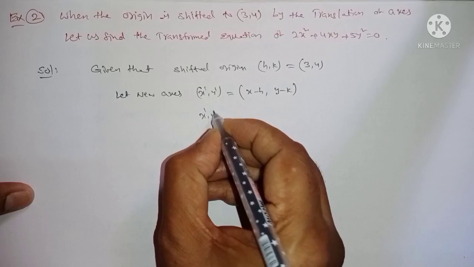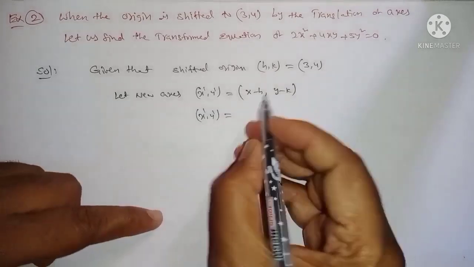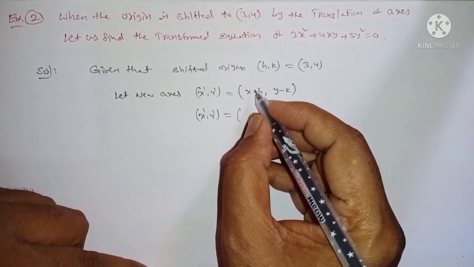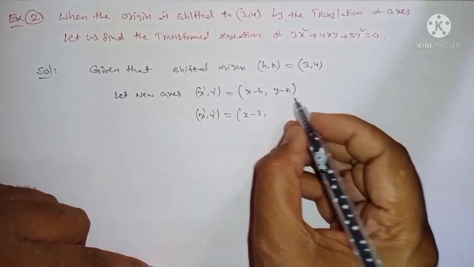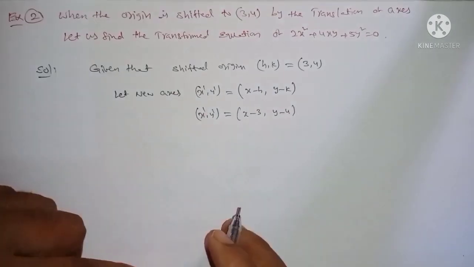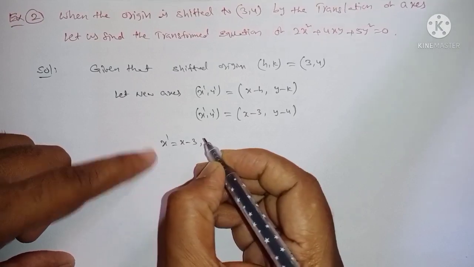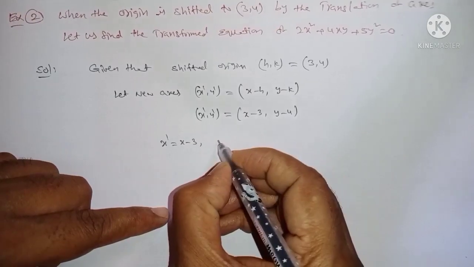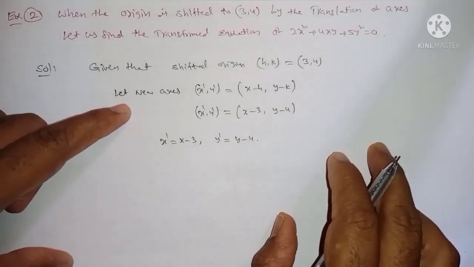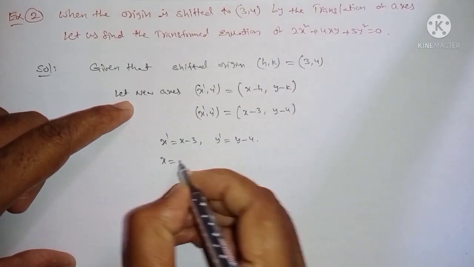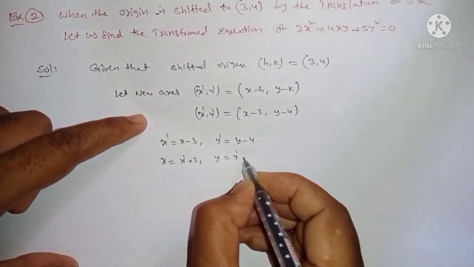Therefore, to find x', y', you can substitute: x as it is, x - 3, and this is y - 4. Therefore x' = x - 3 and y' = y - 4. But for the equation we can write x = x' + 3 and y = y' + 4.